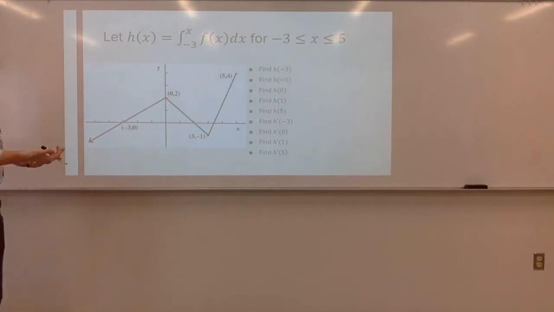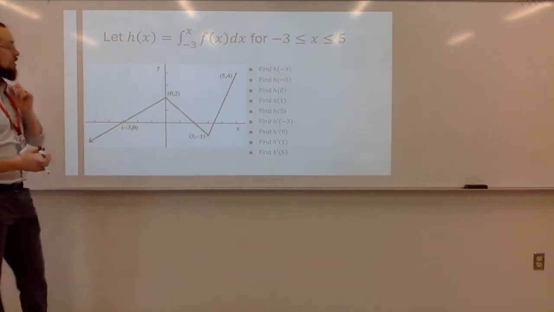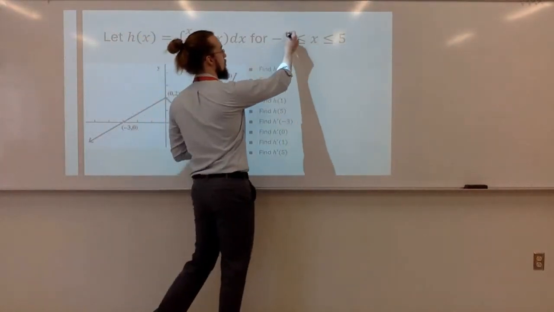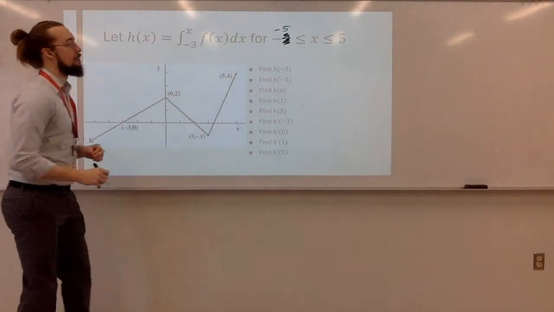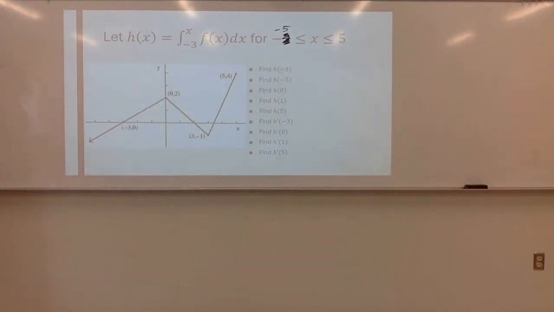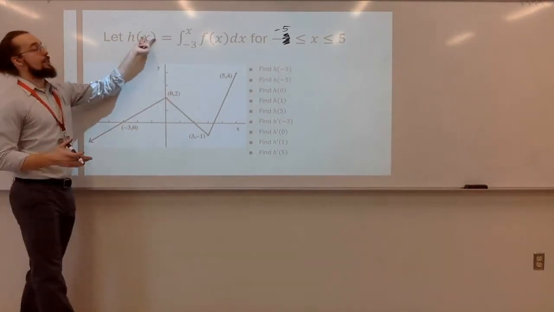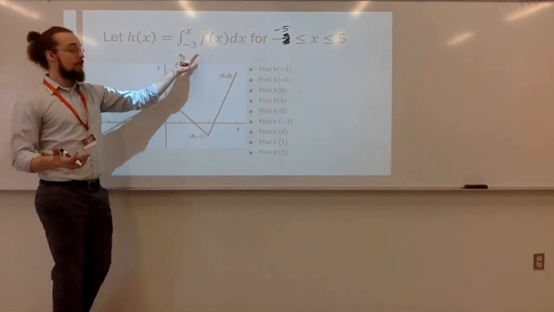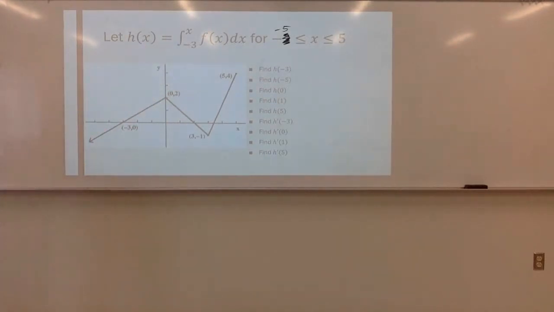Actually, I wanted to define this from -5 to 5, not -3 to 5. What this function is saying is we're going to take some function h and define that to be the area under this graph, starting at -3 and ending at whatever value we want.